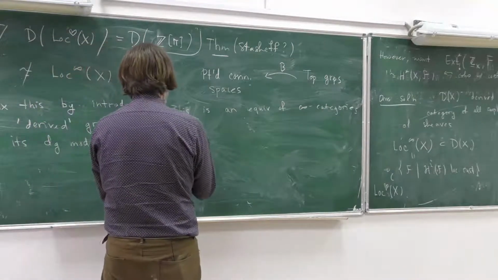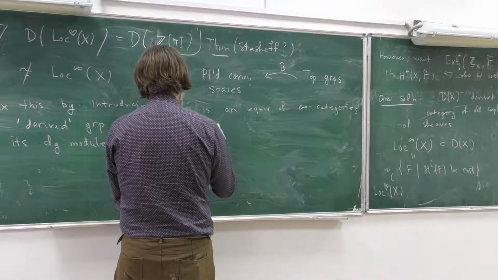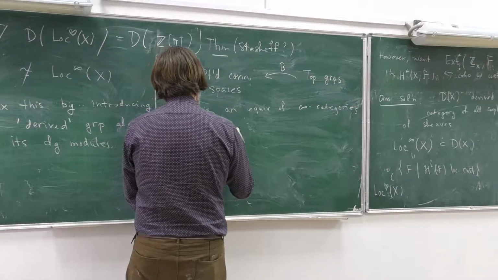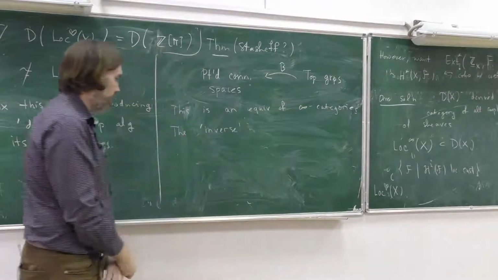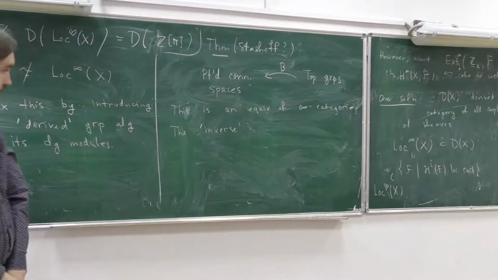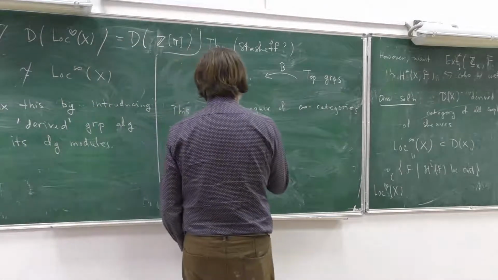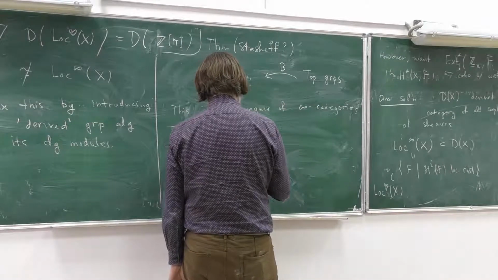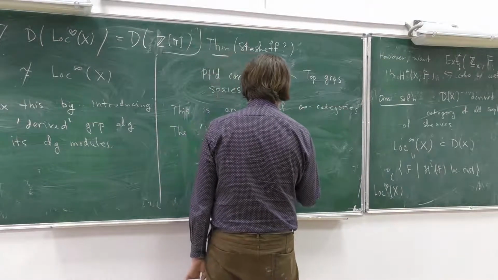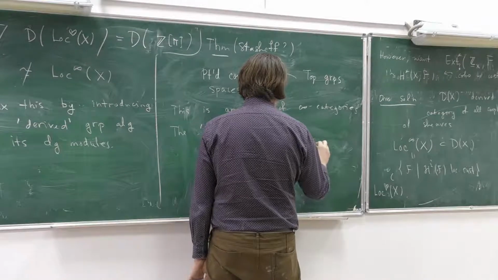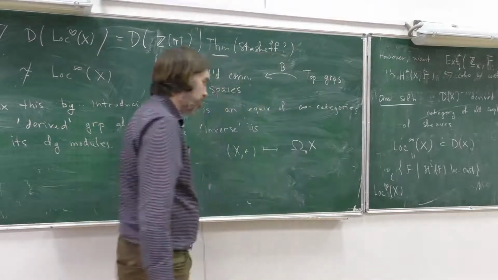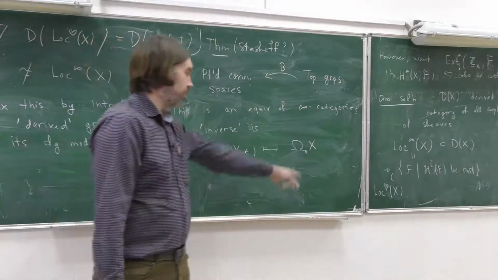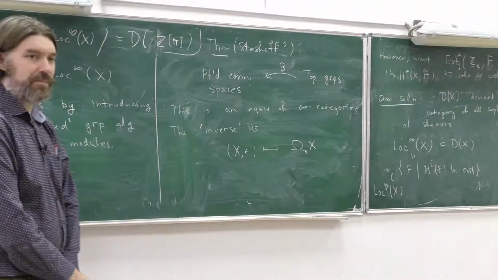So the inverse takes X with a point to based loops on X. And now you have a little bit of a problem. You want to make this into a topological group.